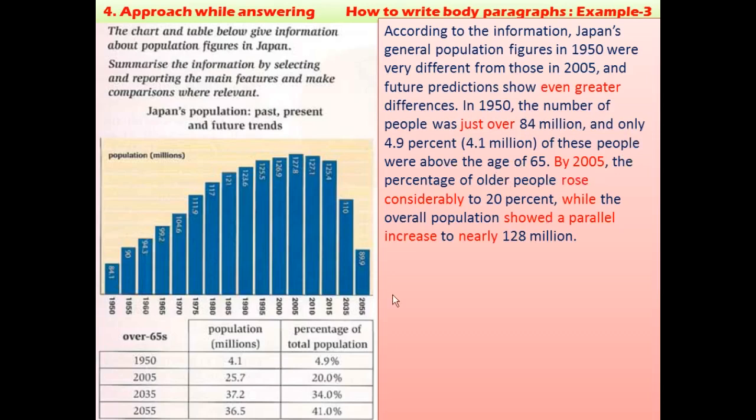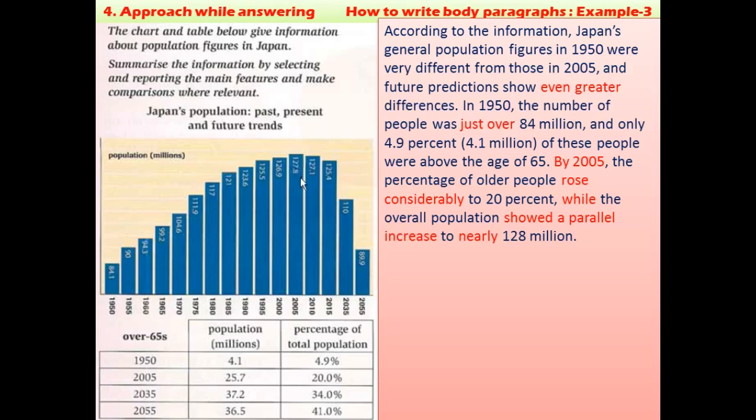By 2005, the percentage of older people rose considerably to 20%. So we are taking both figures up to 2005 in this particular body paragraph, right? While the overall population showed a parallel increase to nearly 128 million.